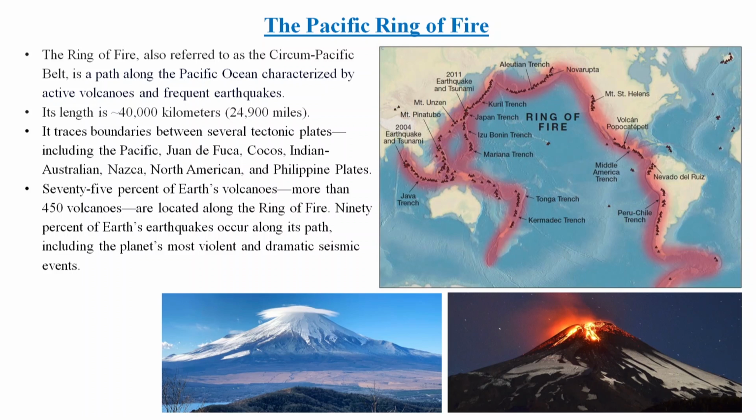So with respect to the Pacific Ring of Fire, your Pacific plate is getting subducted on the western side, northern side, eastern side, southwestern side as well.